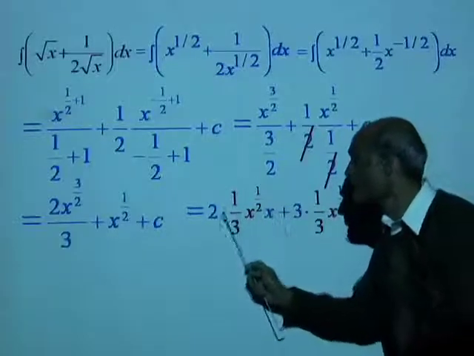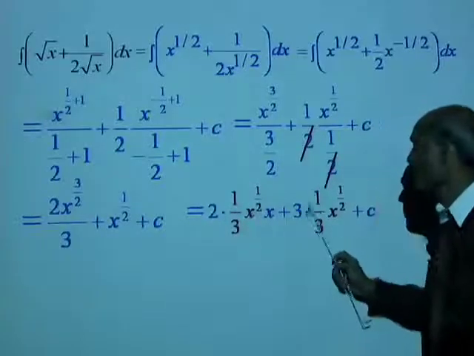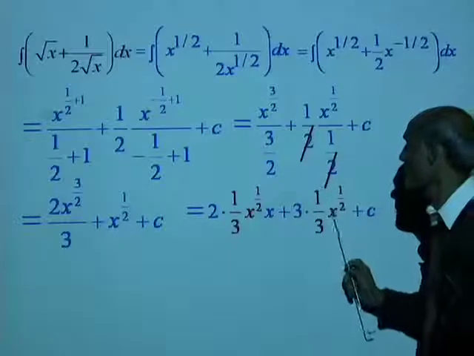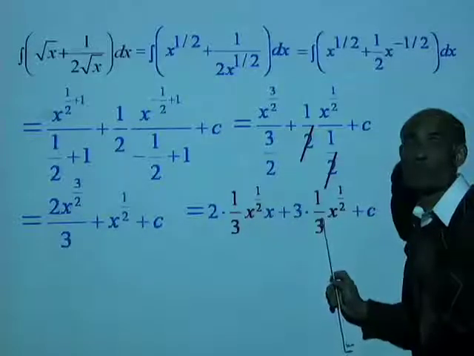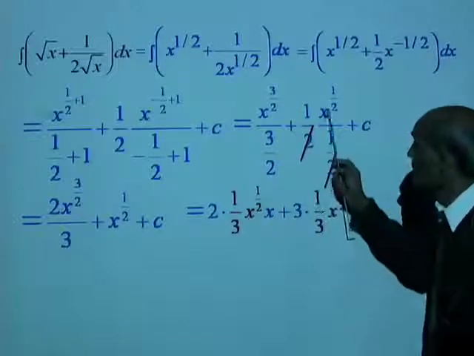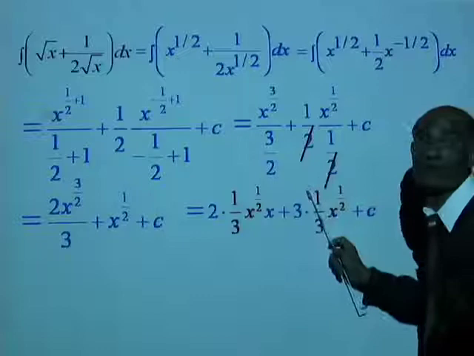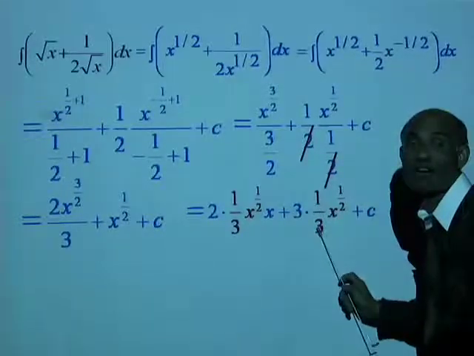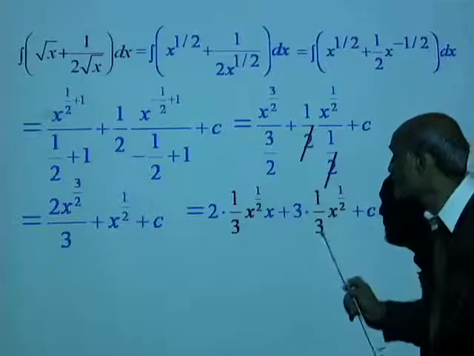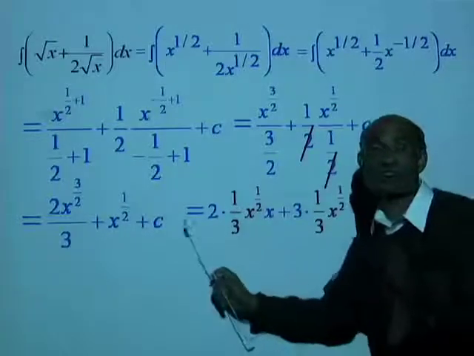Now, in doing that, I have a 1/3 x to the power of 1/2 common in both. I hope you followed this. Now, in this term, the coefficient is 1, but I manipulated that as 3 times 1/3 in order to create a 1/3 here so that 1/3 can be factored out.